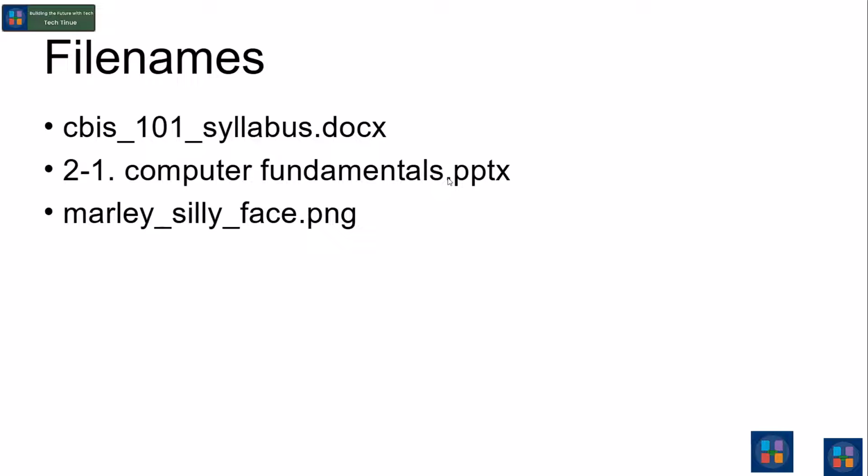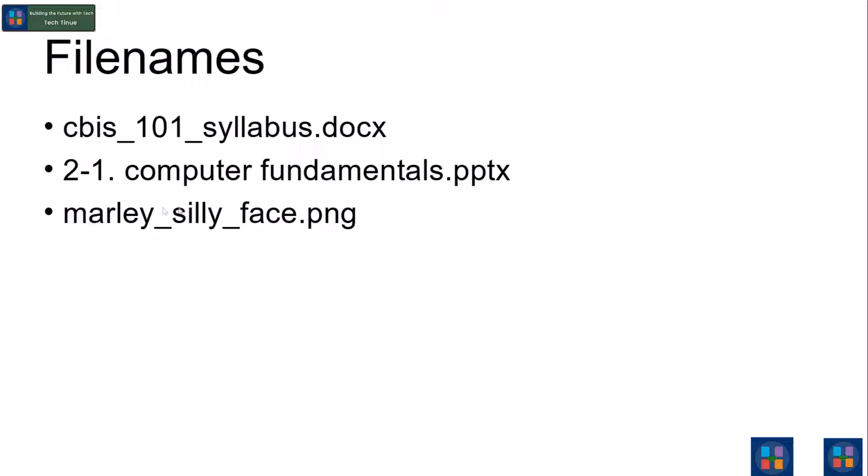I actually did that on purpose because I want to demonstrate that the file type is all of the text after the last period in the file name. Everything before, including this period, including the stuff before and between the 2 periods, those are all part of the name of the file. The computer will only count the type as everything after the last period in the file.